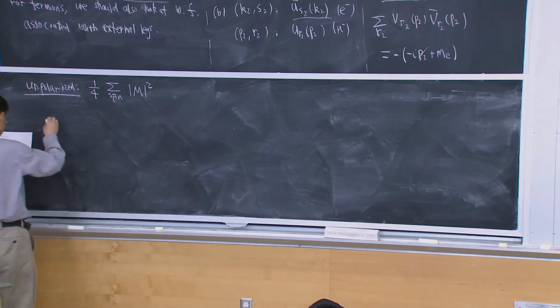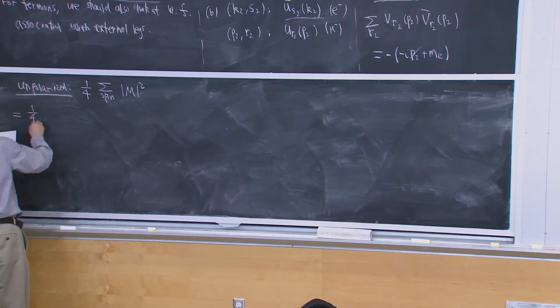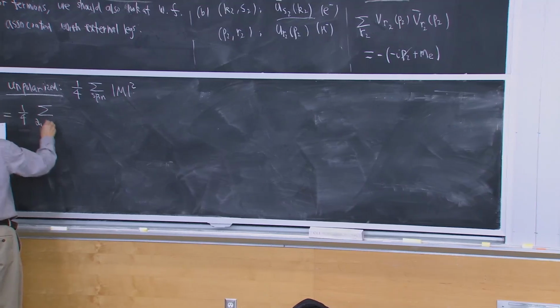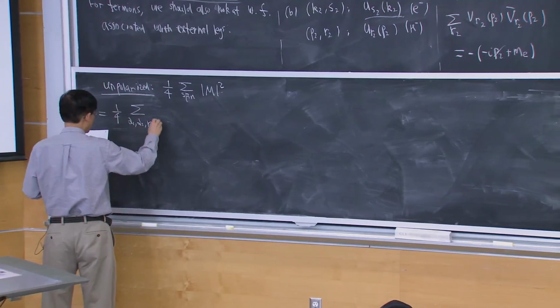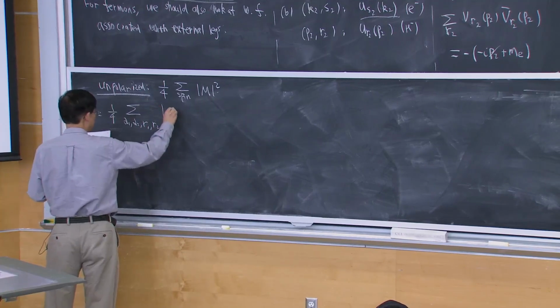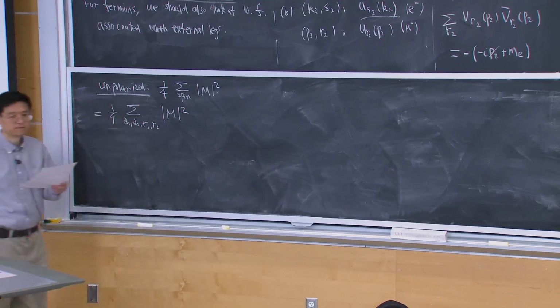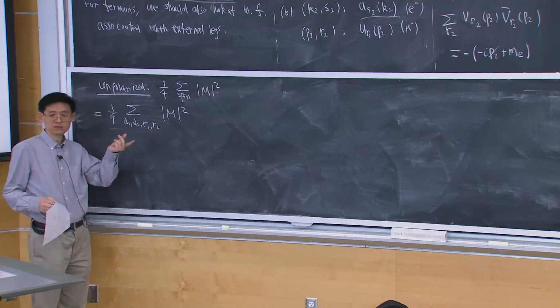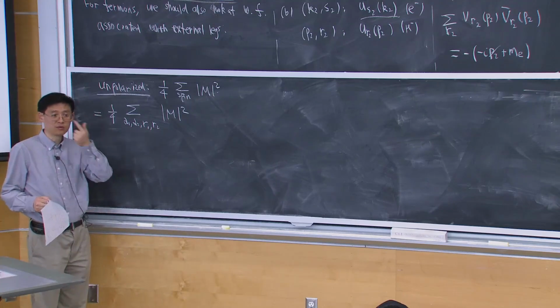This is the same as the sum over alpha 1, alpha 2, R1, R2 of M squared. Each index takes values 1 and 2, because the photon also only has two polarizations.